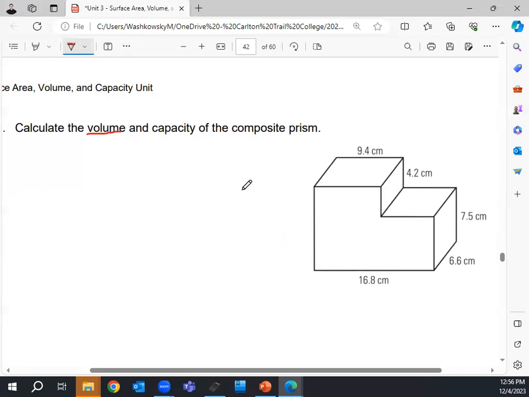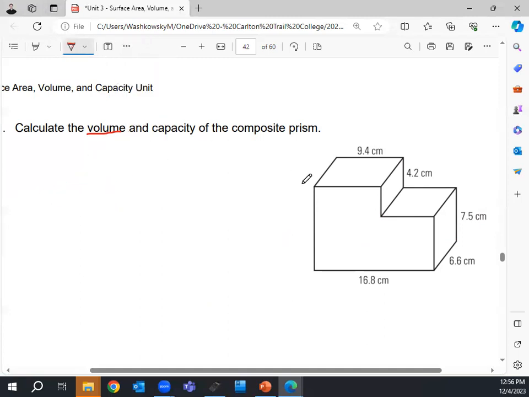Think about how we solved a lot of stuff in question 2. What do we have to do when we had those weird shapes? When I had a shape like this, how did I solve that? You split it. Yeah, you need to split it into easier shapes.